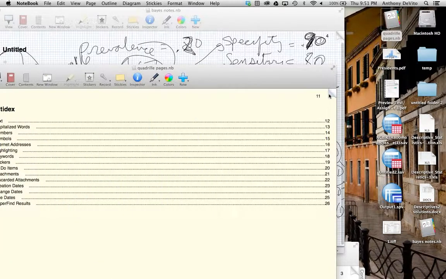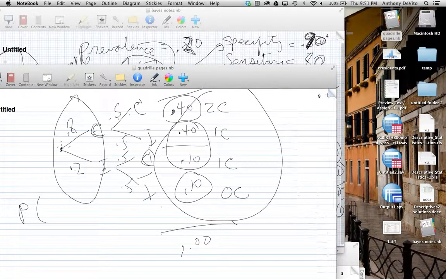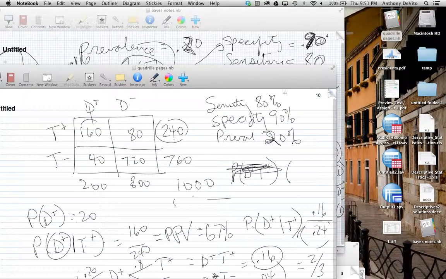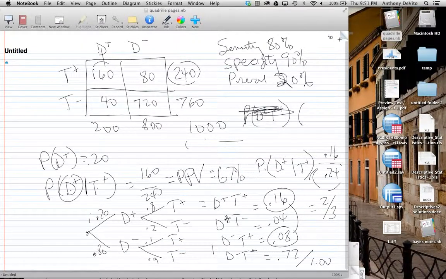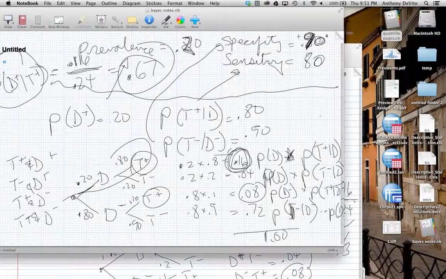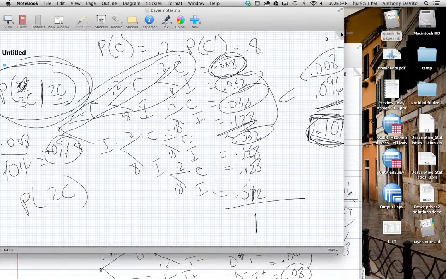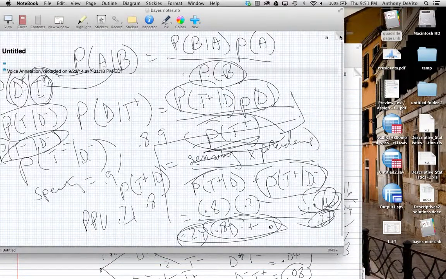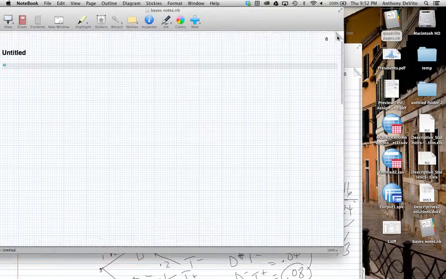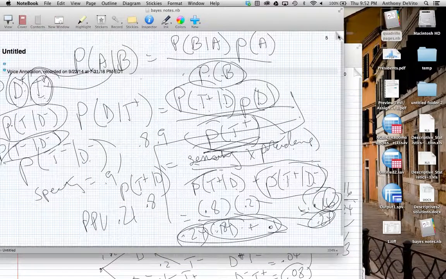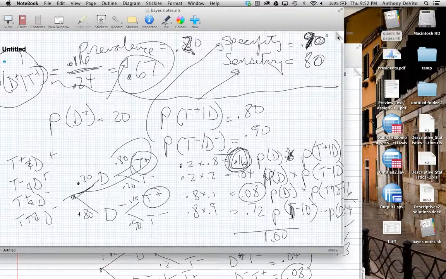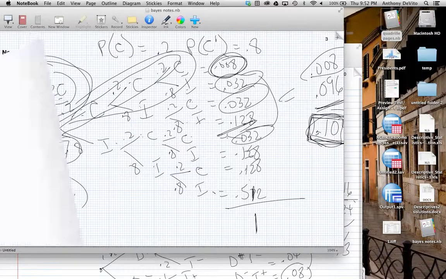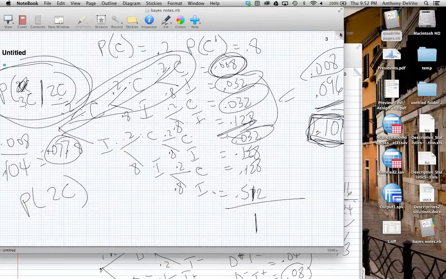Oops. I'm getting mixed up here, bouncing between these two. That's my decision tree. Okay. Oh, I know what I did. Wrong direction. Where'd my page go? Yeah, I got to neaten this stuff up.